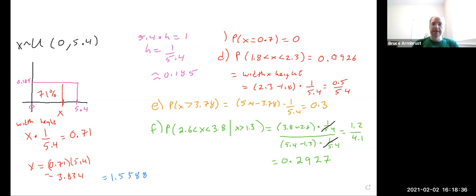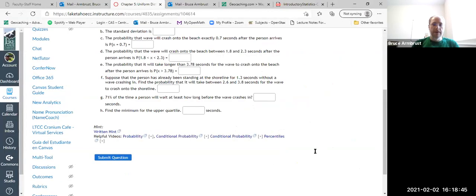But I actually have a feeling I screwed this up. I want to go back and look at what it says again. The wording is super important. 71% of the time, a person will wait at least how long before the wave crashes in? All right. Let me show you. 71% of the time, you have to wait this long.